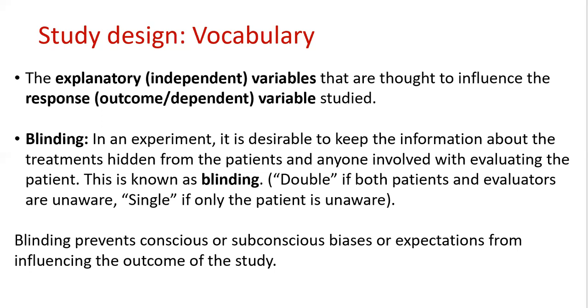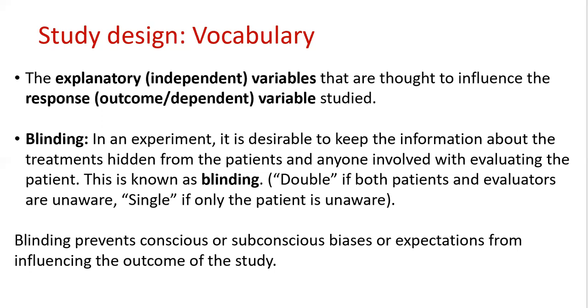It is called double blinding if both patients and evaluators are unaware whether or not the patient was given a placebo or an actual treatment. And it's a single blinding if only the patient is unaware.